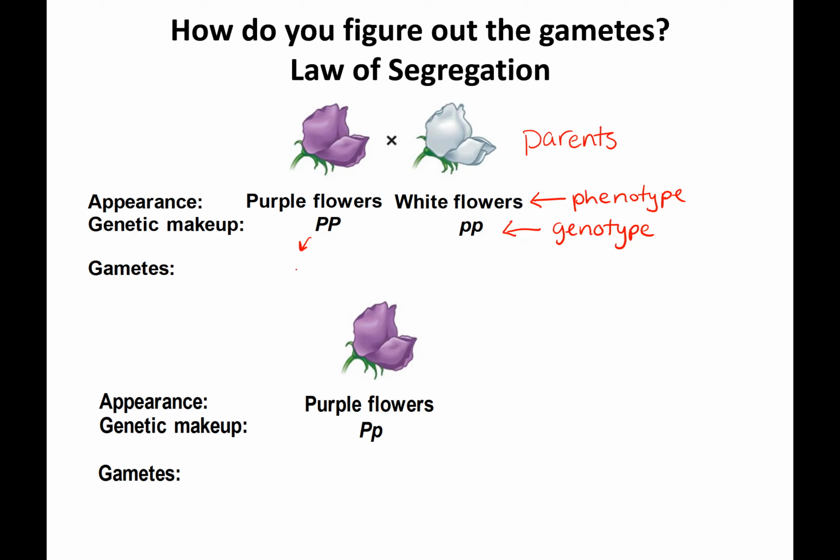So you split the gametes. So this purple flower could produce either a big P gamete or a big P gamete. It's the same. And the same with the white flower, little p gamete or a little p gamete. And when you combine these, since they each only can produce one different one, your offspring are big P, little p, right? One from, we'll say mom, one from dad.